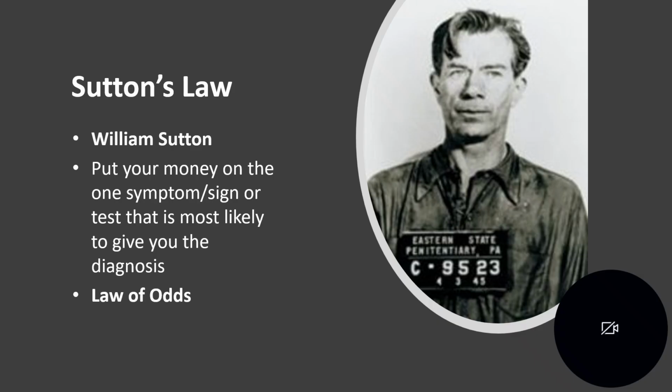This is called the law of odds. What are the odds of you having a fasting blood sugar of 244 milligrams per deciliter and having diabetes mellitus? The odds are very great.